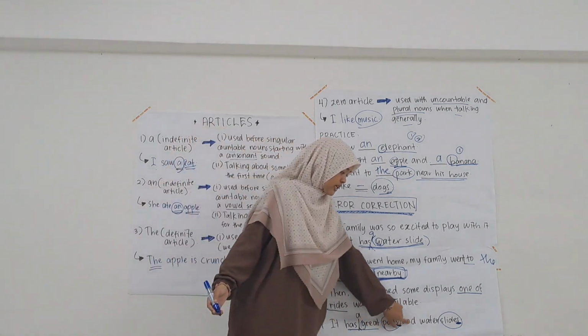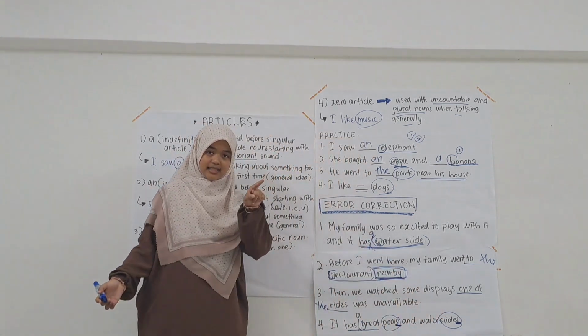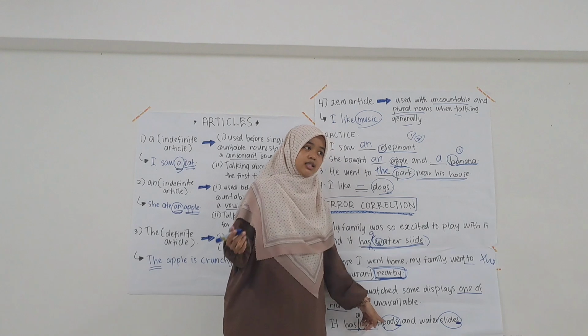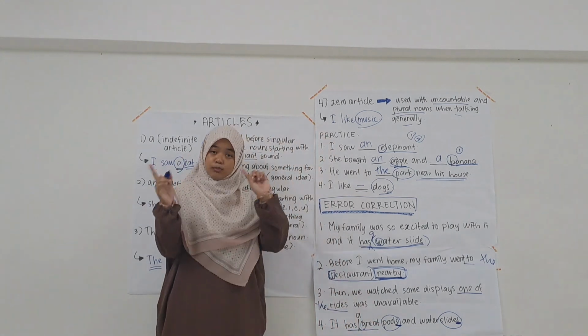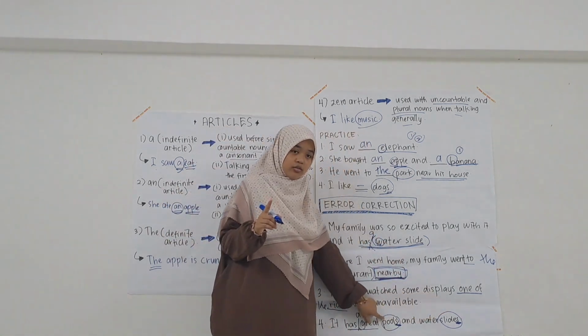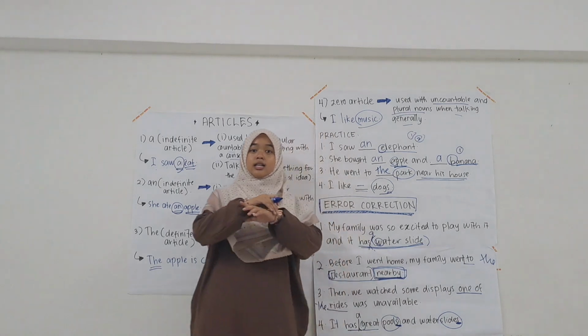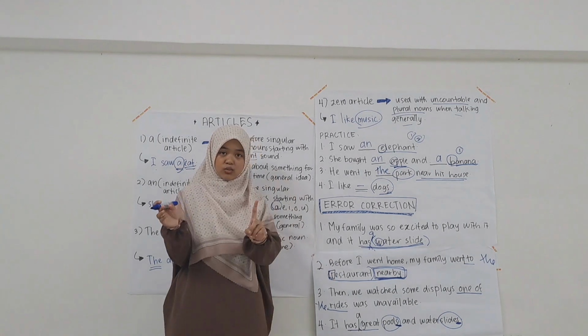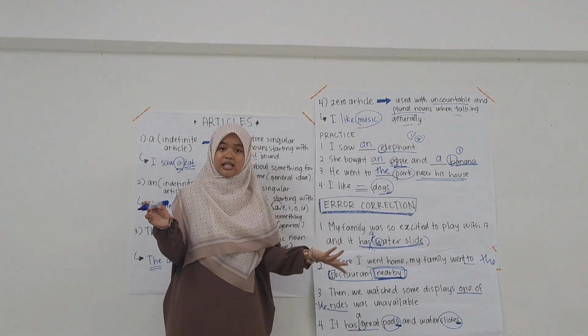The s is an indicator of a plural noun. So pools and slides here are referring to plural nouns. There are a lot. Not just one pool, but many pools. Not just one water slide, but many water slides.